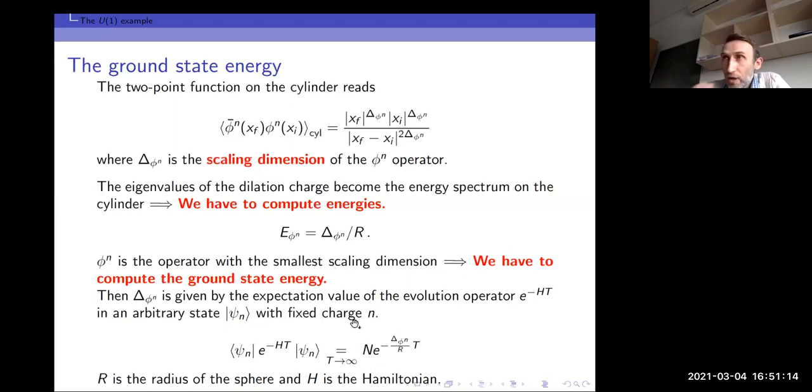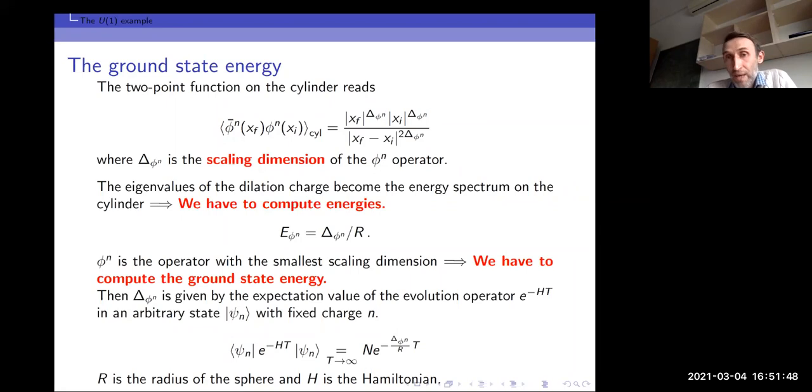As long as there is overlap of this state with the ground state, this is enough, because taking the limit t going to infinity, you see this matrix element will be saturated by the ground state energy because of this exponential factor. And so all we need to make sure is that there is an overlap of this state with the ground state. Otherwise the state is arbitrary and we can choose it as we want.